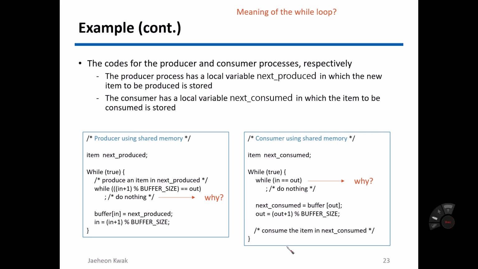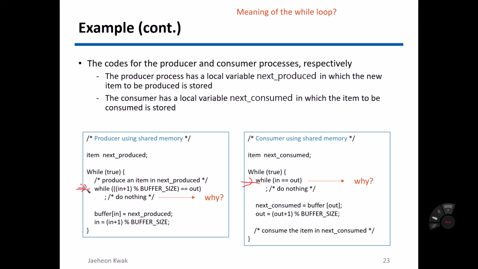So it's very intuitive, right? However, there are two while loops. Can you guess the meaning of these two while loops? Without these while loops, we can add and dequeue the data from the buffer. Then why do we need this simple while loop?